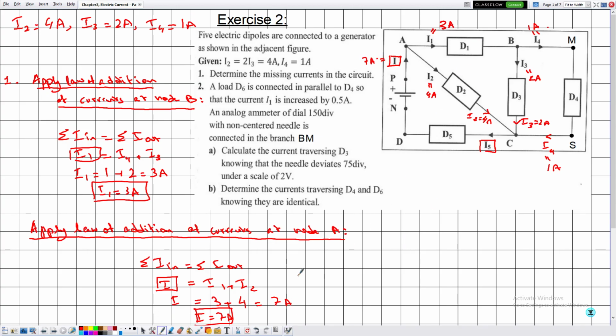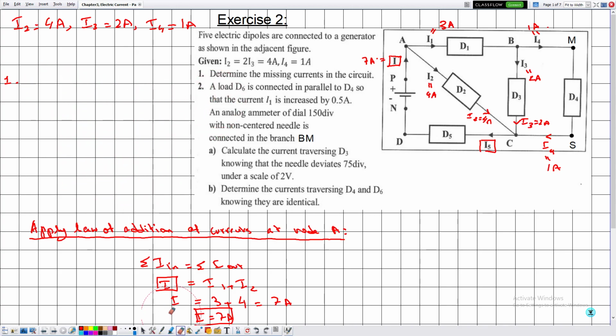Now it's left to determine the missing current I5. As we have said previously, I5 represents the current traversing the terminals of D5 and I represents the current traversing the terminals of the generator. So let's give the generator the name G. G and D5 are in series.